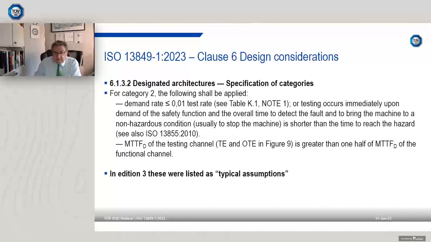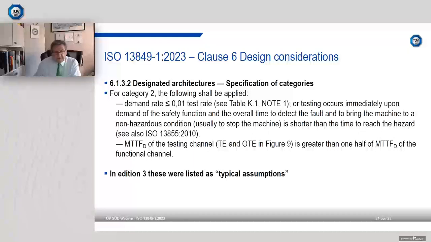And also in Clause 5, I've already said that the requirements for categories and so on are pretty much as they were, but this, I think, is also quite an important change.